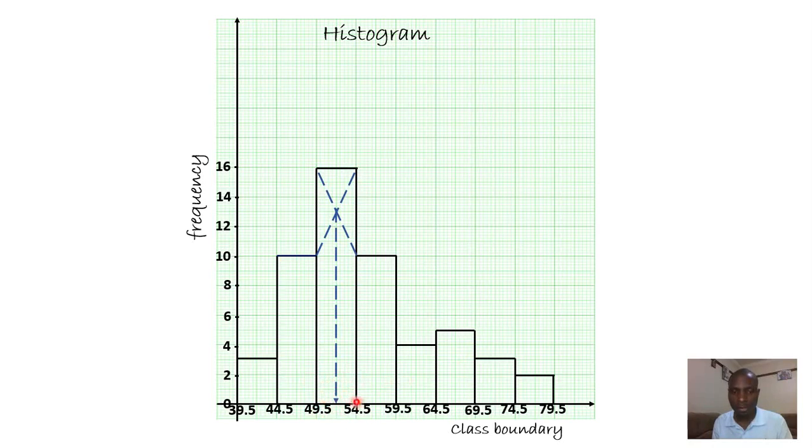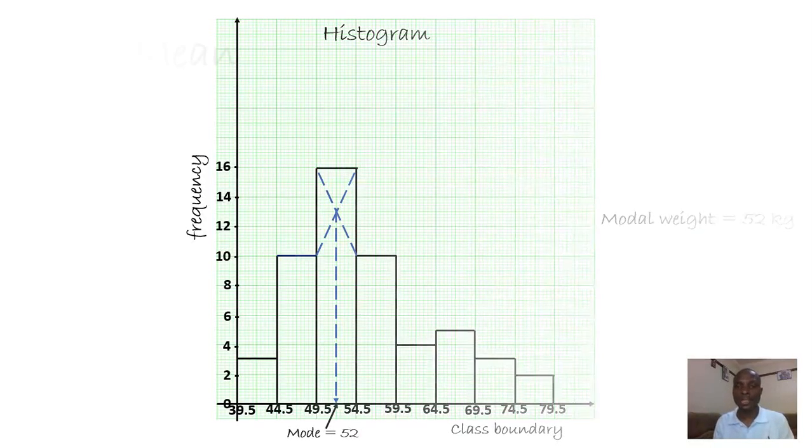That means 1 centimeter is representing 2.5. So we shall add 2.5 plus 49.5, and that will give us 52. So the mode is 52. The modal weight is 52 kilograms.